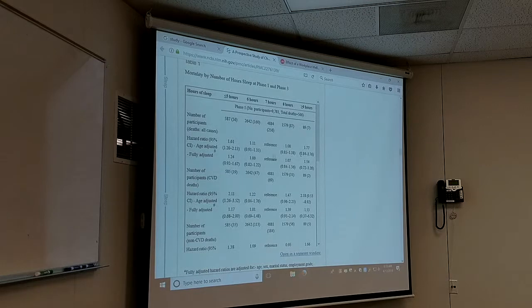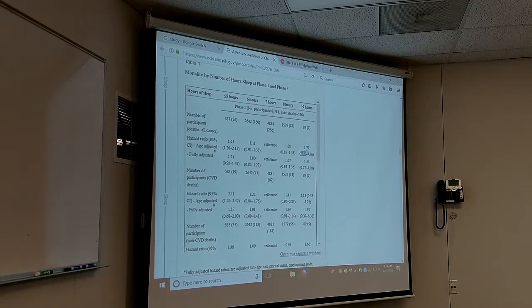So right here, you see how it's going down, the more sleep you get, right? That hazard ratio. It's 1.61 for less than 5 hours, 1.11 for 6. I guess the 7 was a baseline, 1.08 for 8 hours, and then suddenly it jumps to 1.77 for over 9 hours, right?